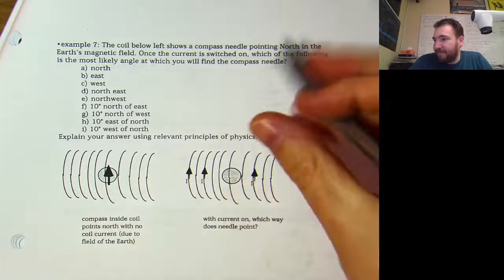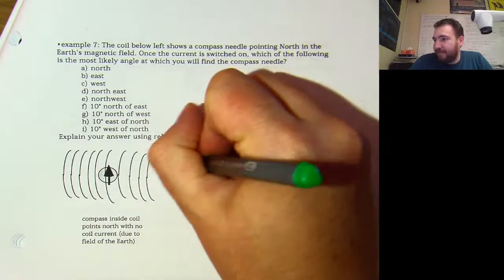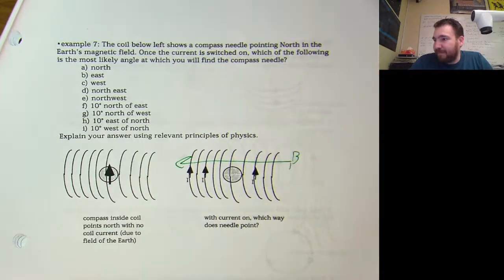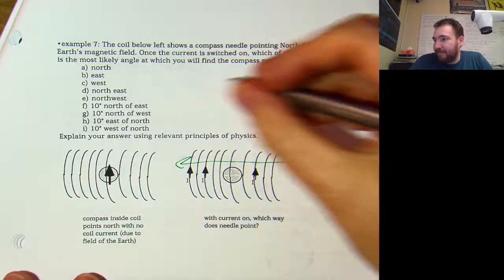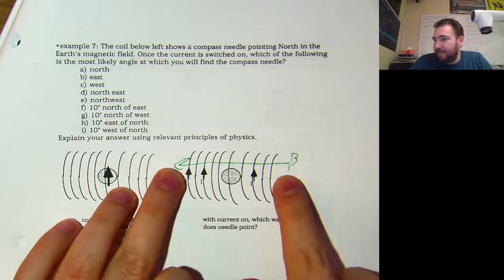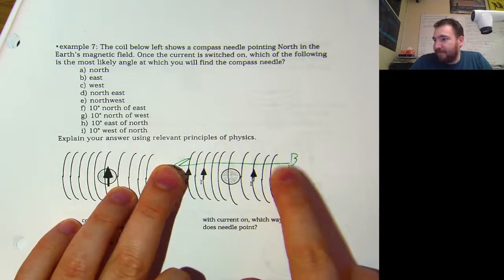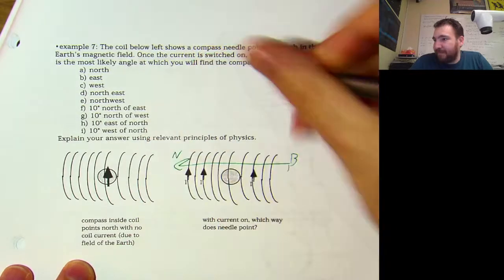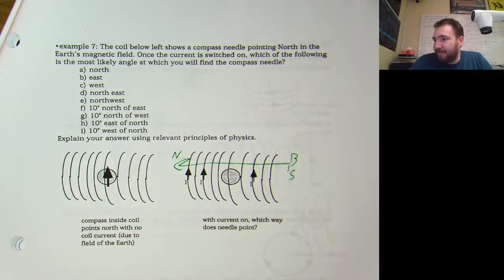It's going to the left. We don't know how strong it is, but we know it's going that way. If it's going this way, which pole is north and which is south? My north pole is there, my south pole is there. So the north pole of my magnet is going to be attracted which direction?